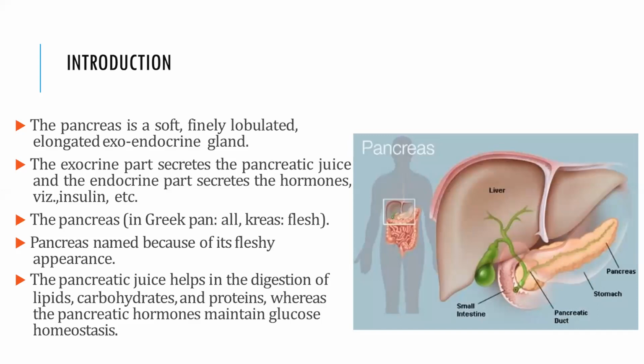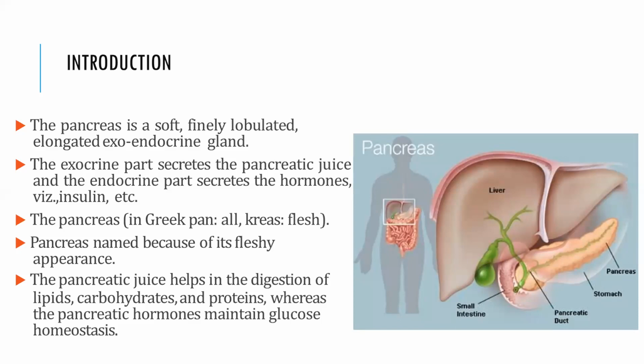Pancreas is a soft, finely lobulated, elongated exoendocrine gland. It means it is mixed. It has both an exocrine part as well as an endocrine part.